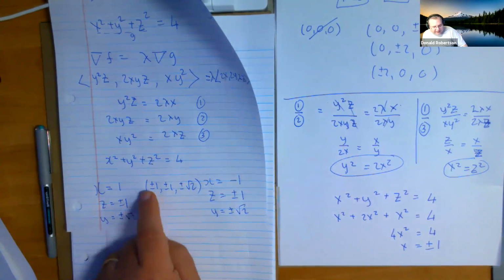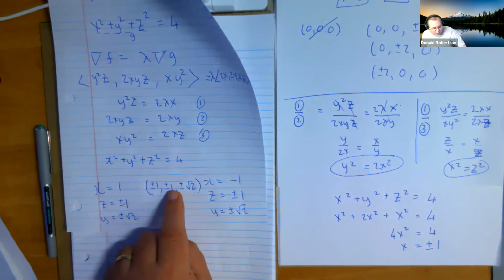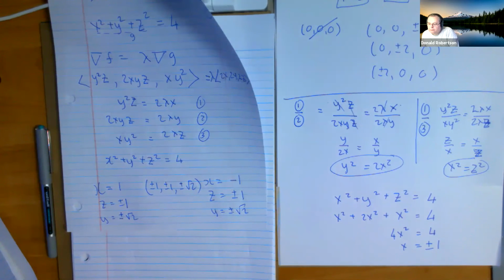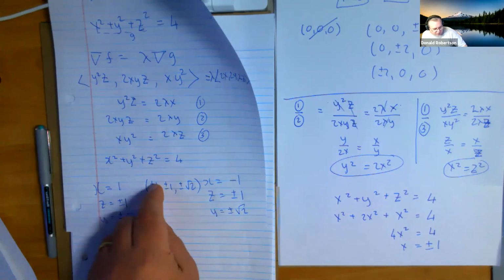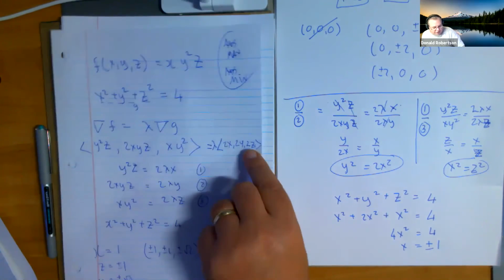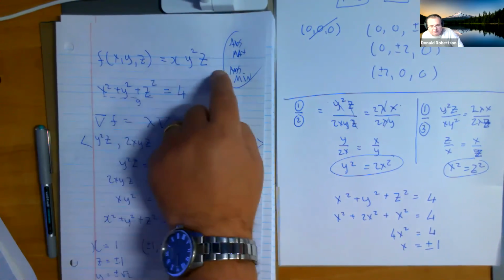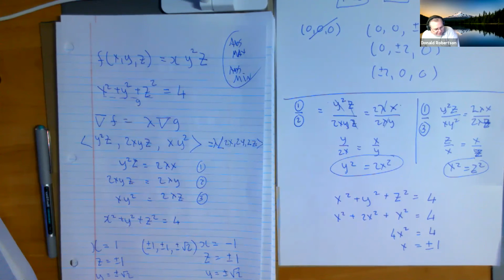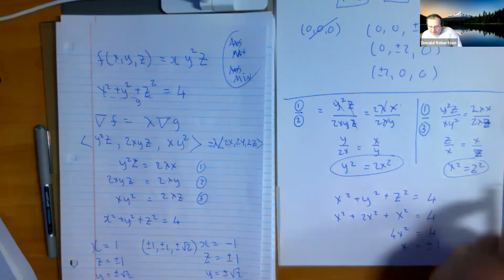Don't you basically get any combination you like of 1, 1, and root 2? Now, for every single one of those combinations, you evaluate this function. And I believe the biggest answer you get is root 2, and the smallest answer you end up with is negative root 2. And that would be you finished.